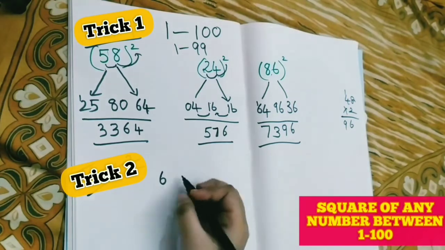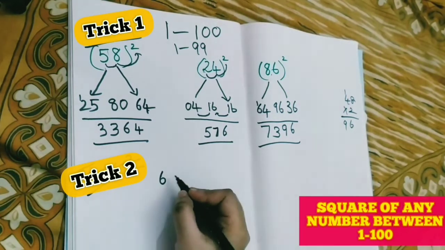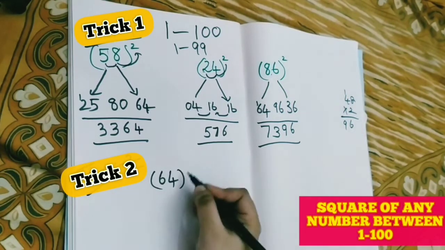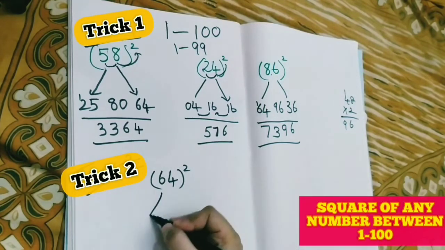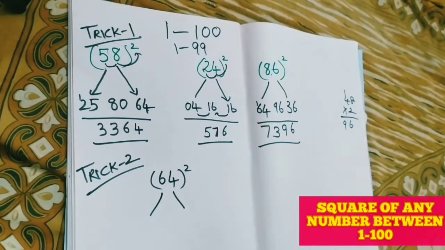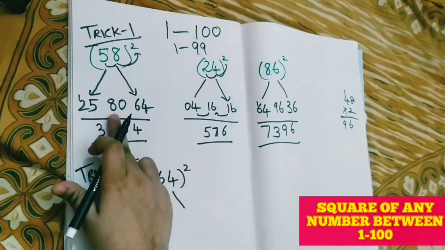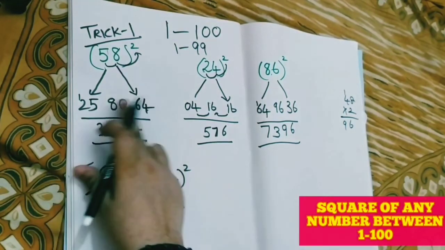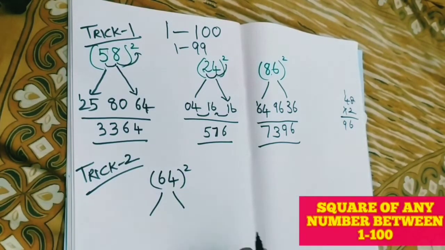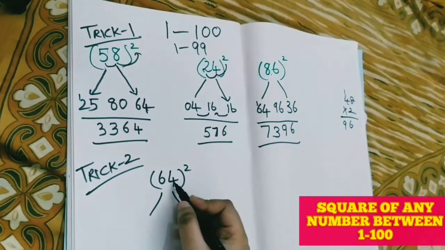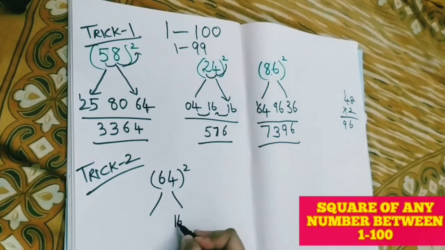So how will you do that? I'll take 64, the whole square. The same thing. 4 4s are 16, but here you do it in a slightly different way. The square of 4 is 16 and the square of 6 is 36.